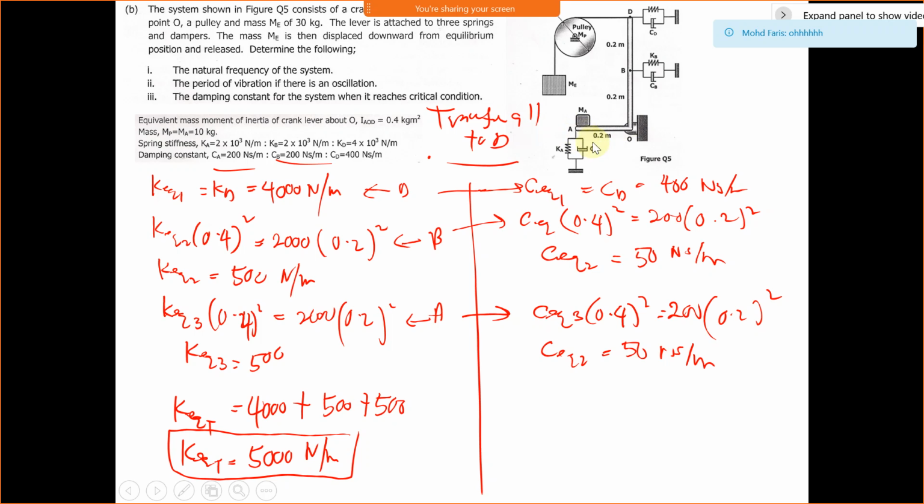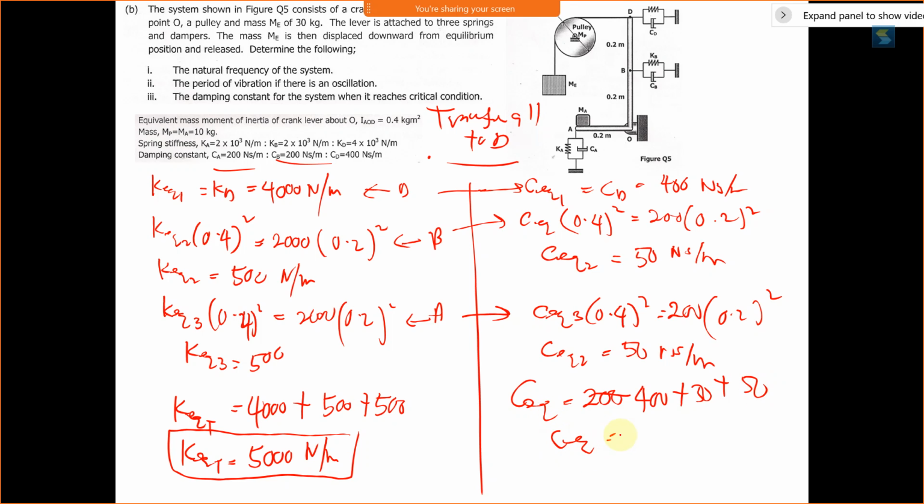Sama juga dengan A. Jarak C equivalent 3 from O to D adalah 0.4. And for CA from O adalah 0.2. So, sama 0.2, 0.4. So, C equivalent total sama dengan 400 tambah 50 tambah 50. So C equivalent should be 500 Newton second per meter. That is our C equivalent.